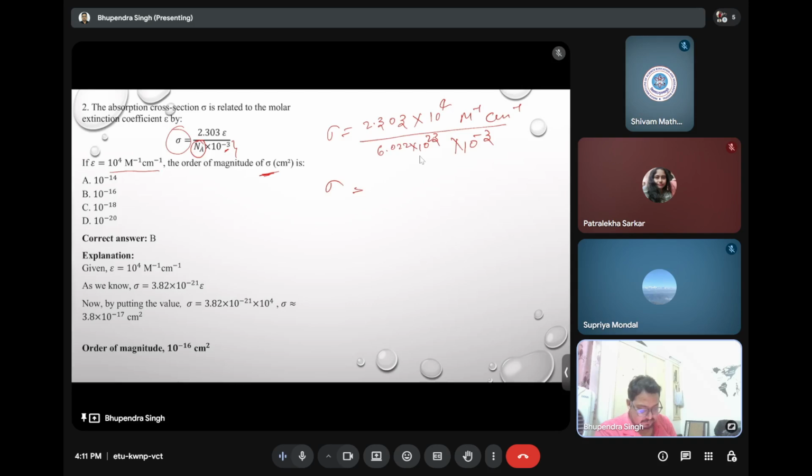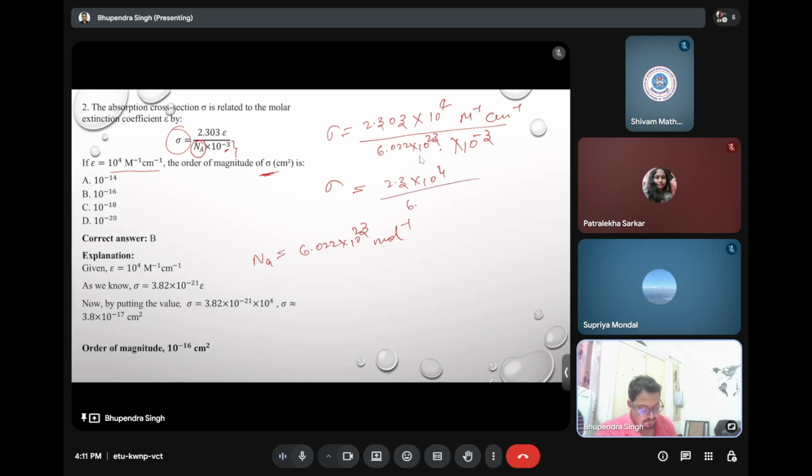Just calculate: it is 2.3 times 10 to the power 4 per mole, divided by Na per mole, so the unit will be centimeter square.